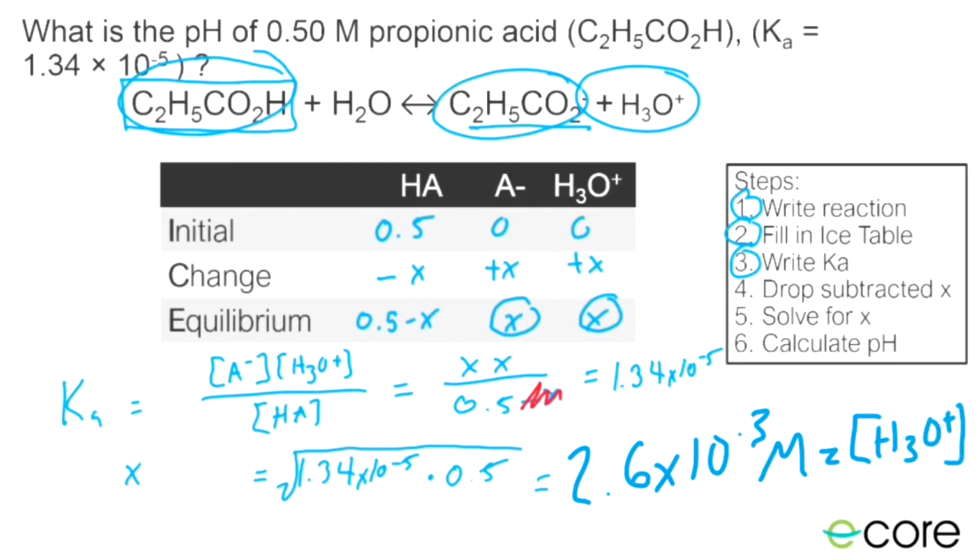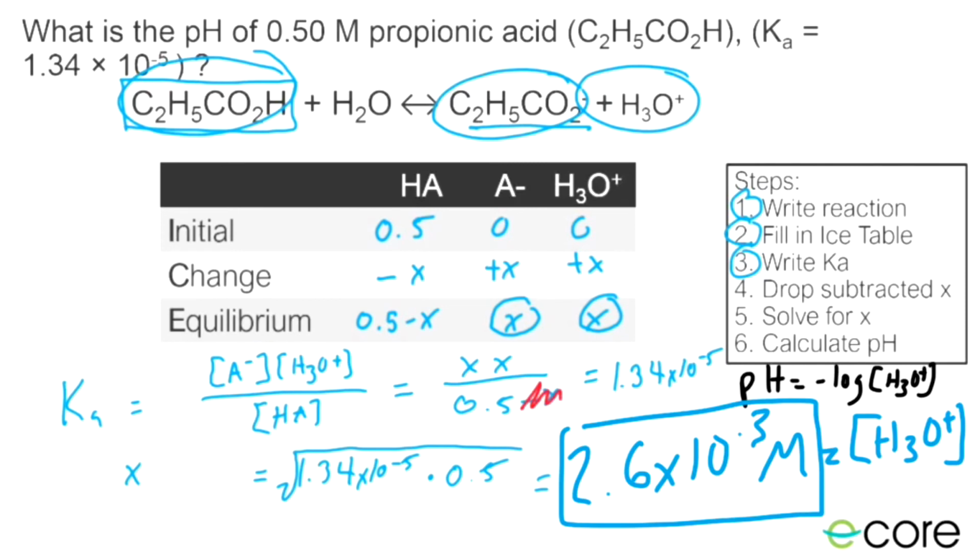Further, remember that the pH of a solution is equal to the negative log of H3O plus. So the last step in this problem then is to take our calculated concentration of 2.6 times 10 to the negative 3 molar H3O plus and plug it into our pH expression.